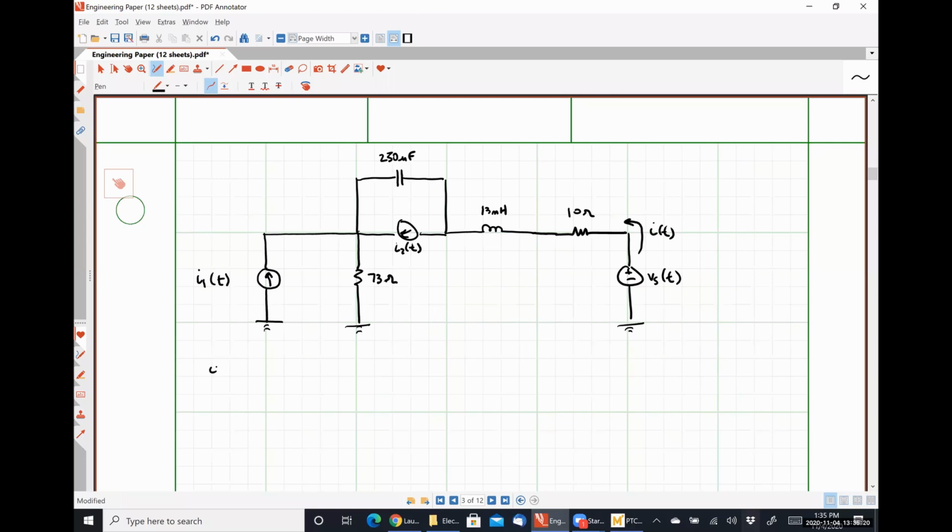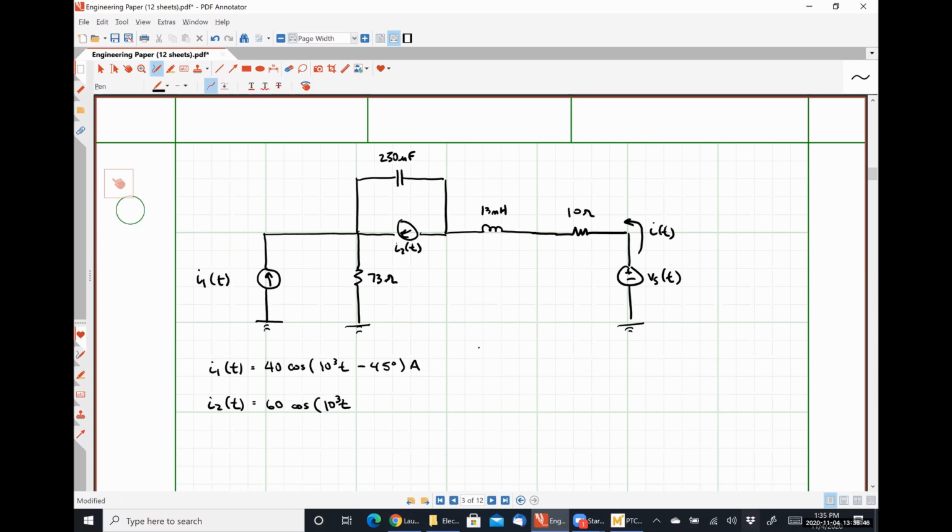where let's say that I1 of t is equal to 40 cosine 10 to the 3t minus 45 degrees amps. I2 will be 60 cosine 10 to the 3t.